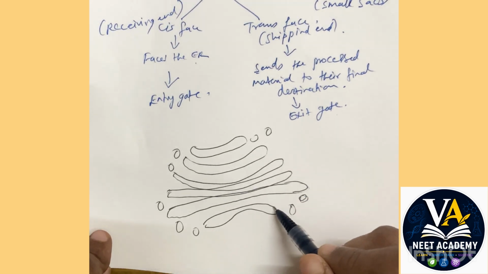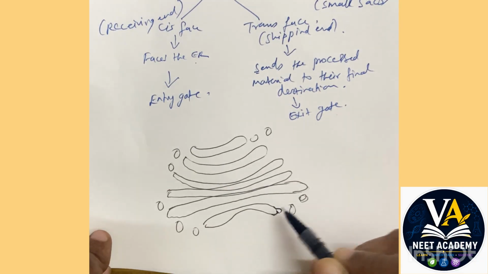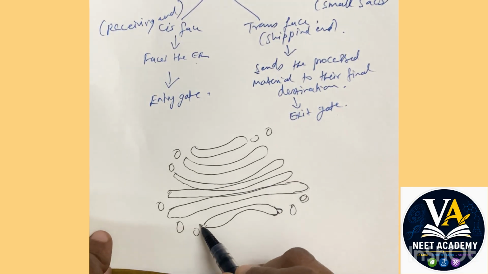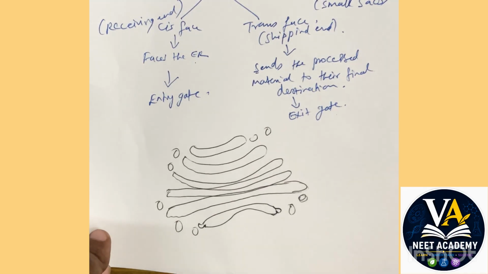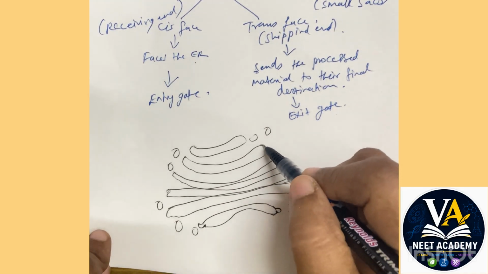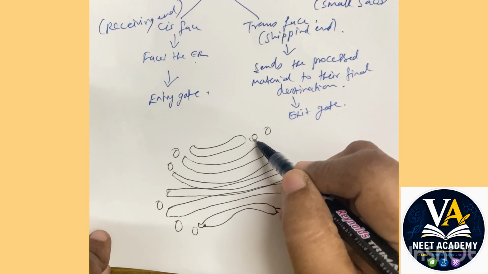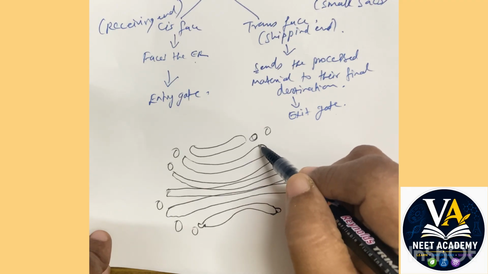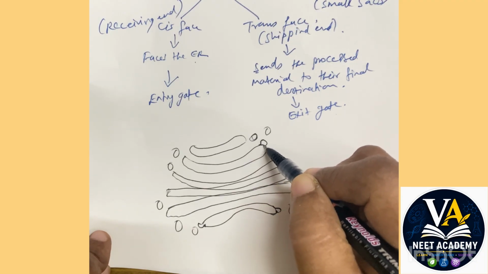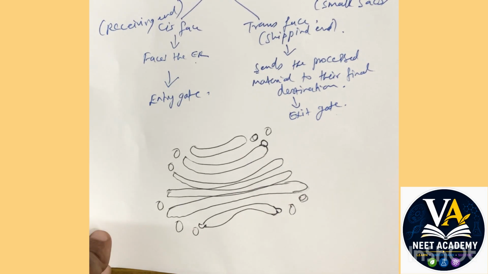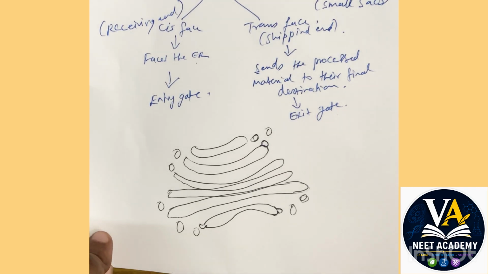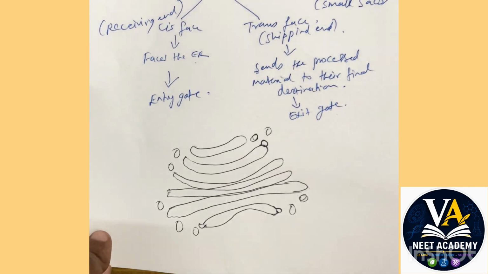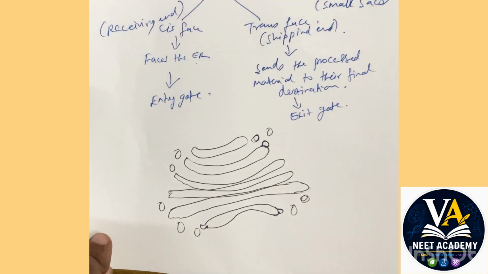For example, this is one cisternae from where the vesicle is forming. It's getting formed, and this is the place from where the vesicle is getting fused inside the cisternae. Clear? Now let us try and label this diagram.